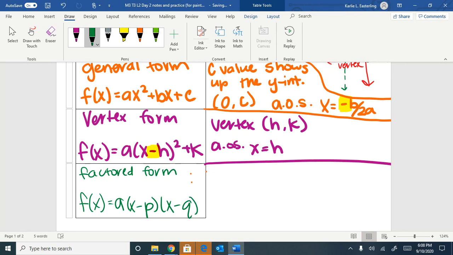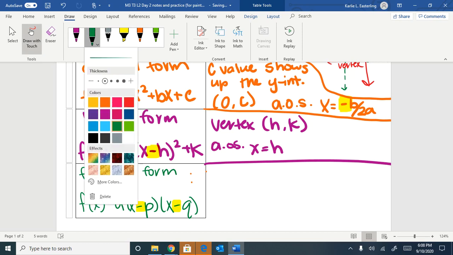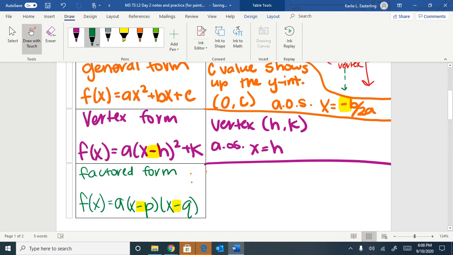And again, with these minuses being in there, we got to think opposite for our actual literal values. So the nice thing here was that we were immediately shown our x-intercepts because it was (p, 0) and (q, 0), because for our x-intercepts, our y value is always going to be 0.